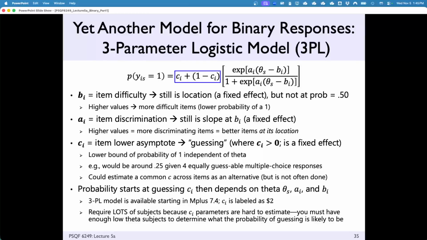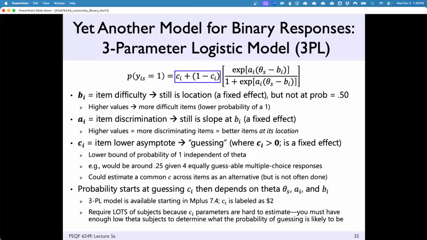How do you do that in R or Mplus to actually create the model that has that fixed parameter? What are you trying to do first? How am I going to build my item characteristic curve so that it has a new intercept of 0.2? Ah, that's a great question.